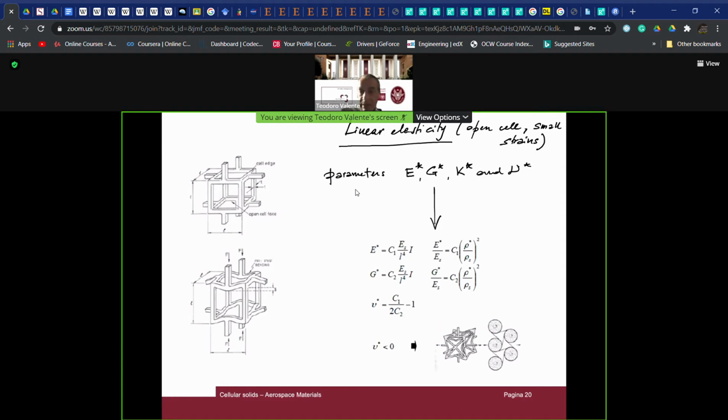That means we have tables for that, depending on the size of the single cell, which is the ratio we have defined before.